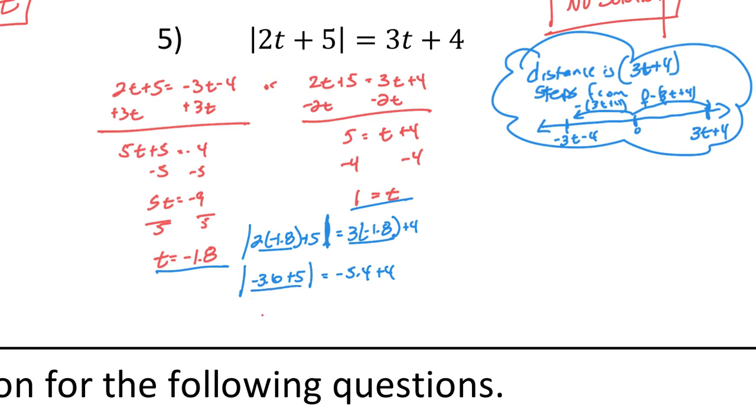Negative 3.6 plus 5 becomes positive 1.4. Negative 5.4 plus 4 is negative 1.4. And then finally, the absolute value of 1.4 is 1.4. And the right side is negative 1.4. These 2 sides are not equal.